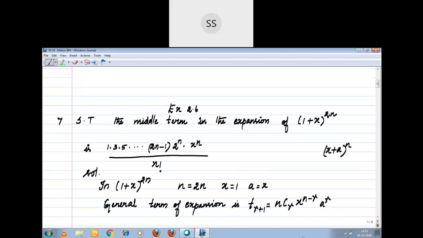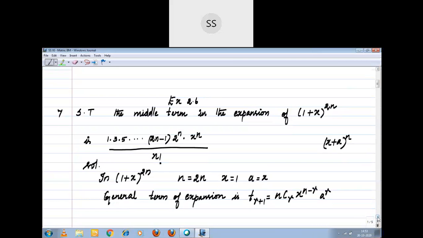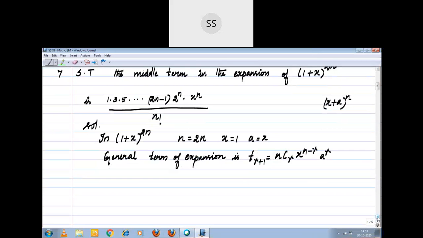Now we are going to substitute the value of x, a, n and all in the formula. T r plus 1 equal to n can be replaced by 2n, C r, x can be replaced by 1 the whole power 2n minus r, a can be replaced by x power r.